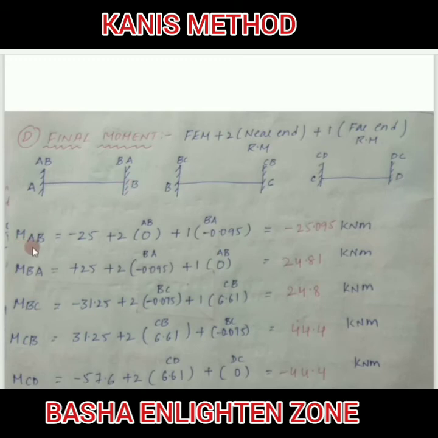So, if I am calculating AB, for AB, BA is the far end. For BA, AB is the far end. For AB, AB itself is the near end. For BA, BA itself is the near end. Friends, please observe once again.